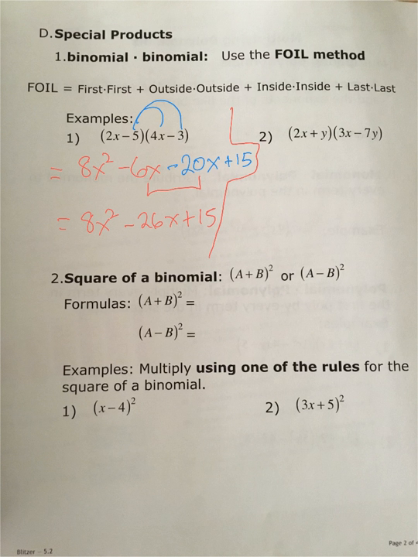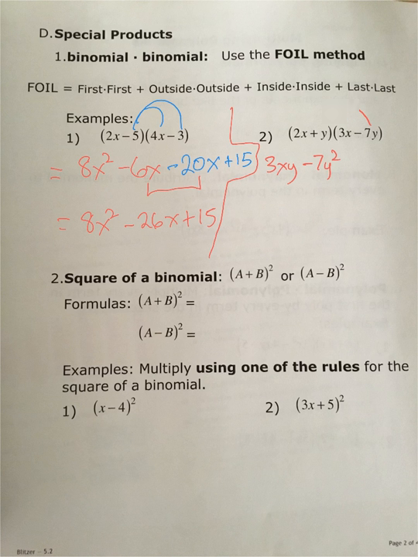Right? So I can make a mess of this. Let's look at example 2. That's a nice thing. I could do y times 3x, because I'm feeling a little crazy. So y times 3x, bam, 3xy. I could do y times negative 7y, and I get negative 7y squared.